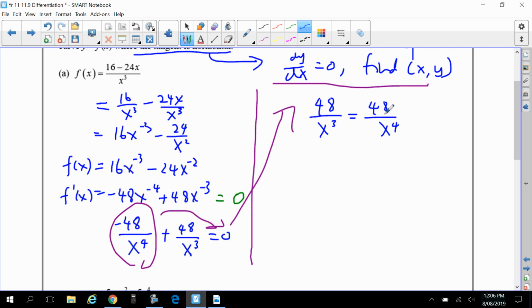And normally it just involves moving one term to the other side, and then we just have to get rid of the denominator. Get rid of the denominator, x to the power 4, x to the power 4. That gets cancelled. This one cancels completely. You have an x left. 48x equal to 48. Therefore, x equal to 48 over 48, which is equal to 1. So we found the x value where the tangent is horizontal. And once you find the x value, you have to find the y value.